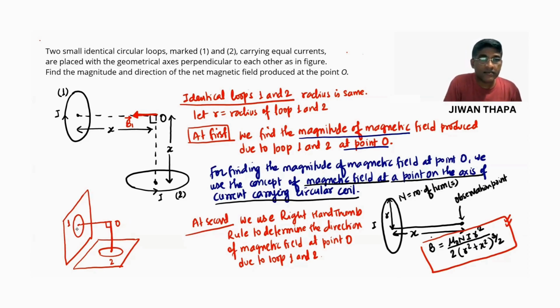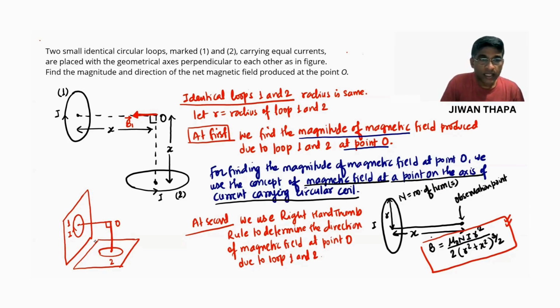And as I said earlier, current in loop 1 is flowing in clockwise direction. So when we curl the fingers of the right hand along the direction of current, okay, then the stretched thumb gives the direction of magnetic field, and the direction of magnetic field due to loop 1 at point O is directed towards loop 1.